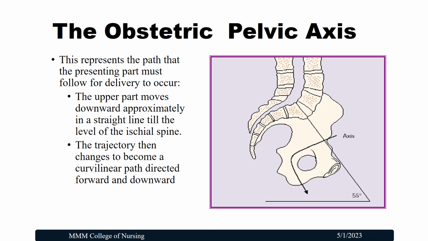The upper part moves downward approximately in a straight line till the level of the ischial spine. The trajectory then changes to become a curvilinear path directed forward and downward. So you can see here the axis will come forward and downward.